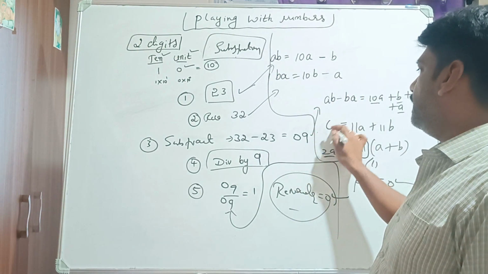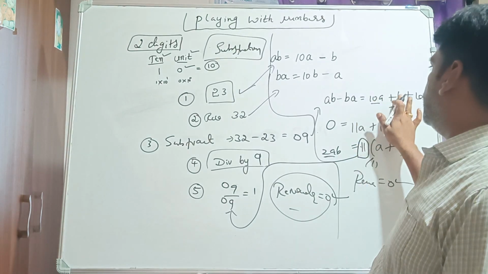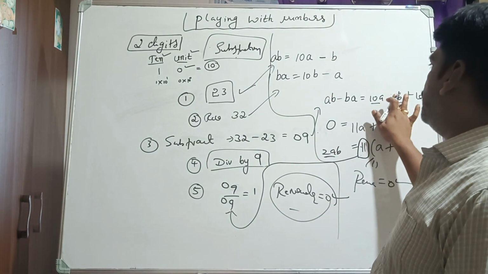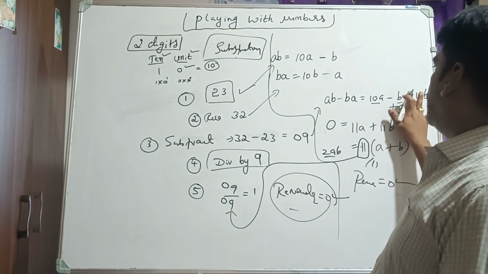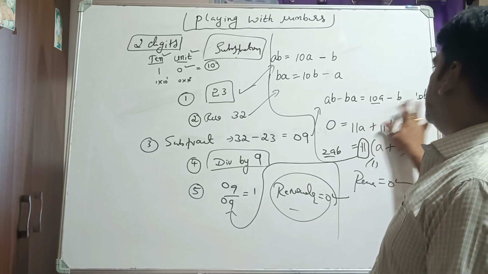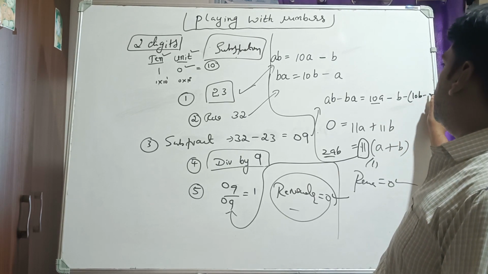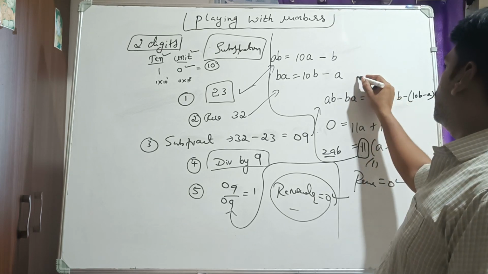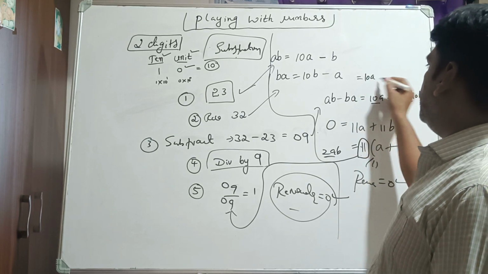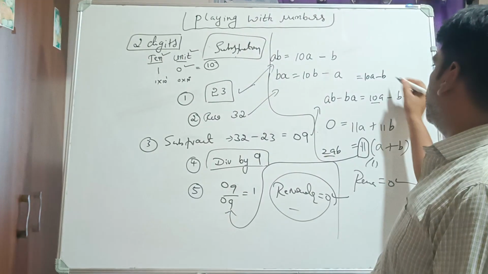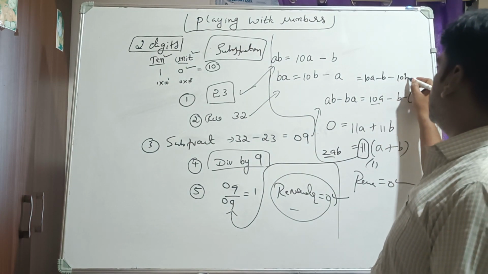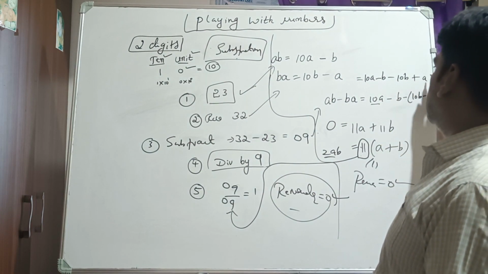We are going to get 0. And here this is 10a plus b, and I will rewrite here minus of 10b plus a. So this is minus 10b and this is minus a.